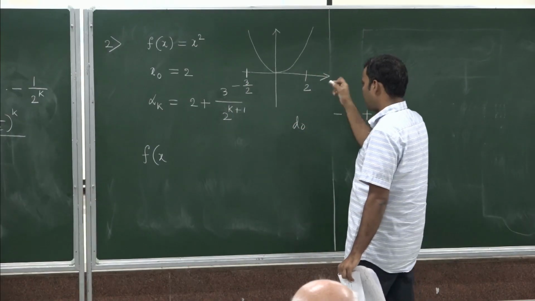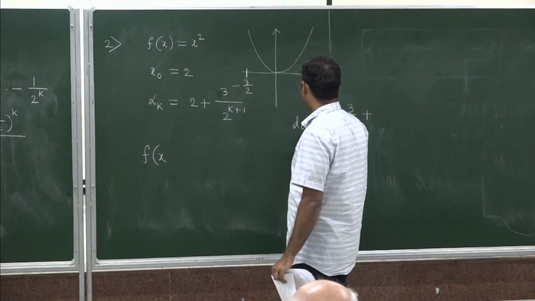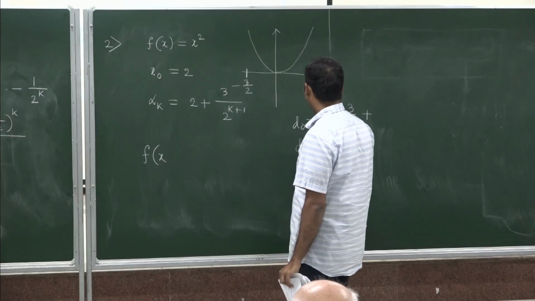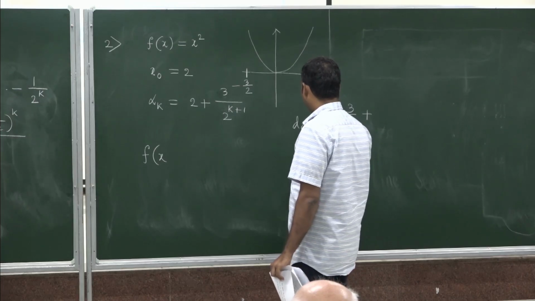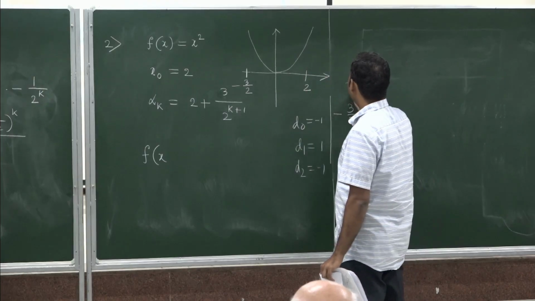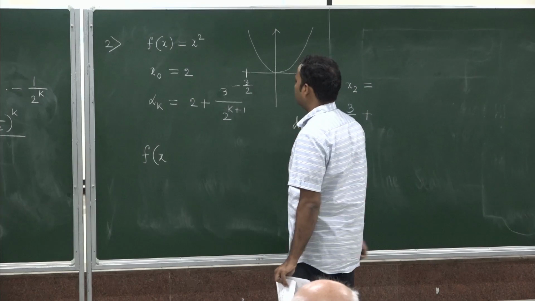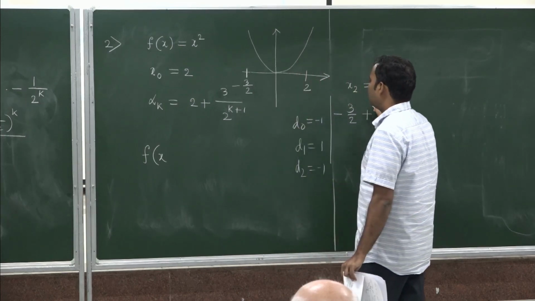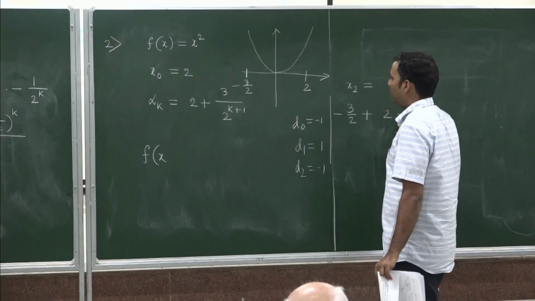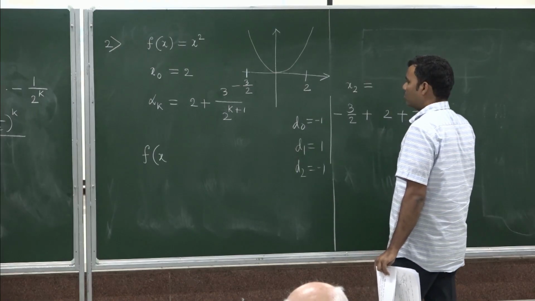Then on the right hand, at this point the descent direction d1 is equal to 1, d0 was minus 1, d1 is equal to 1, d2 will be minus 1, we shall see it. Here let us calculate what is x2. This is your x0, then it is your x1, then x2 is minus 3 by 2 plus 2 plus 3 by 2.